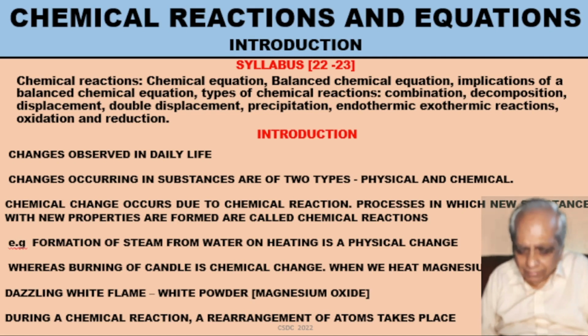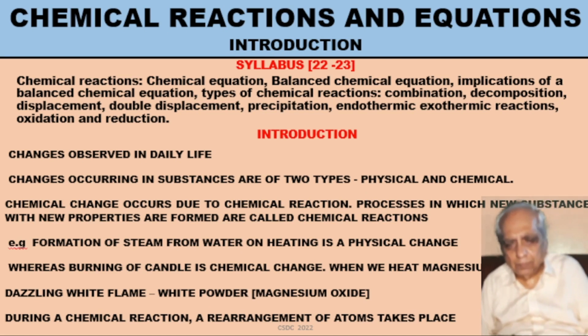Therefore, the number of atoms of each type in the reactants is the same as in the products. Suppose in reactants there are 5 atoms of hydrogen, in product also we should have 5 atoms of hydrogen. If in reactants there are a total of 3 atoms of sulfur, then in product also there should be 3 atoms of sulfur.